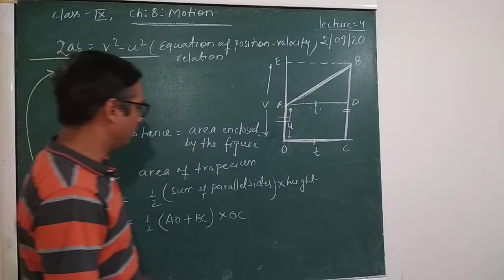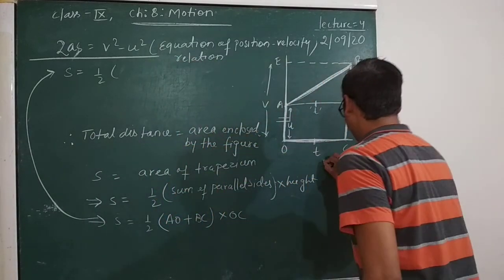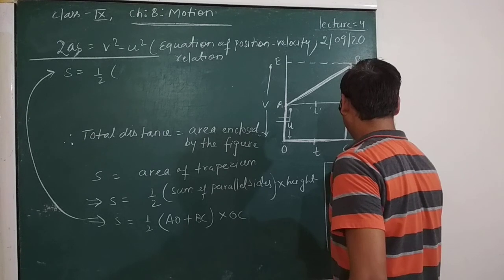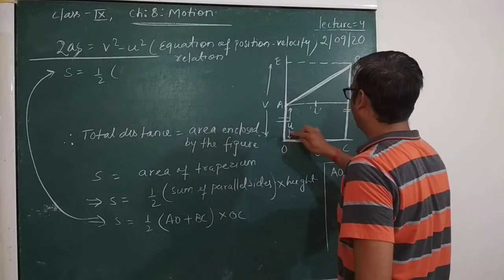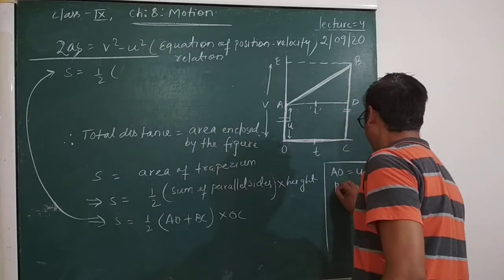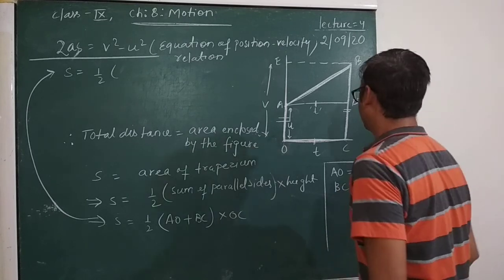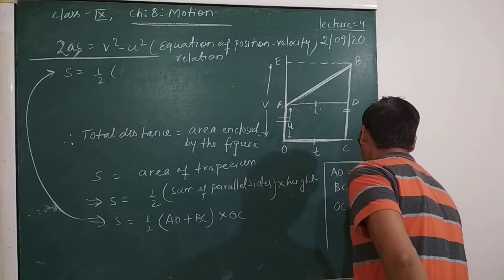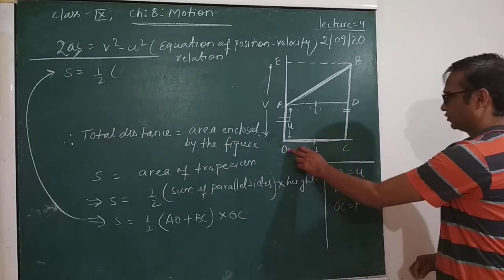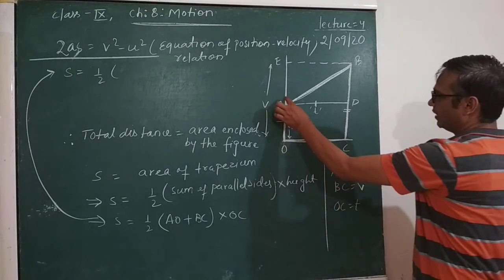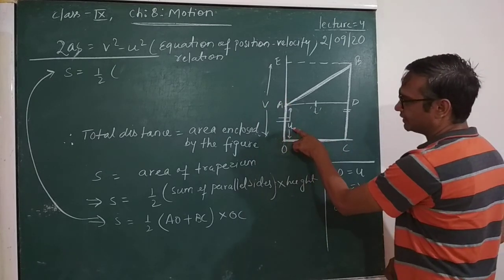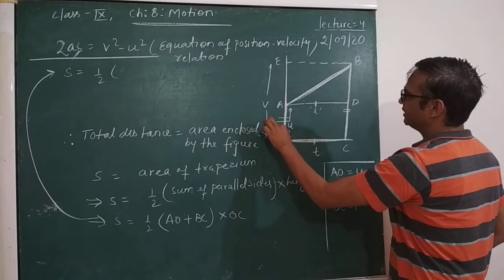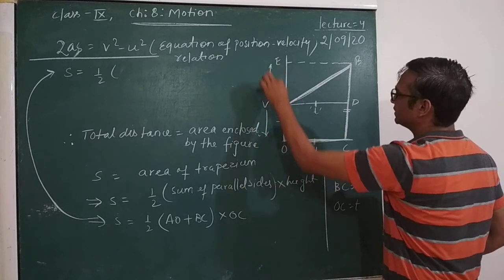Now you know the values: AO is equal to u, BC is equal to v, and OC is equal to time t. AO is u, that is the initial velocity, and this object reaches point B in time t, so its velocity becomes v.